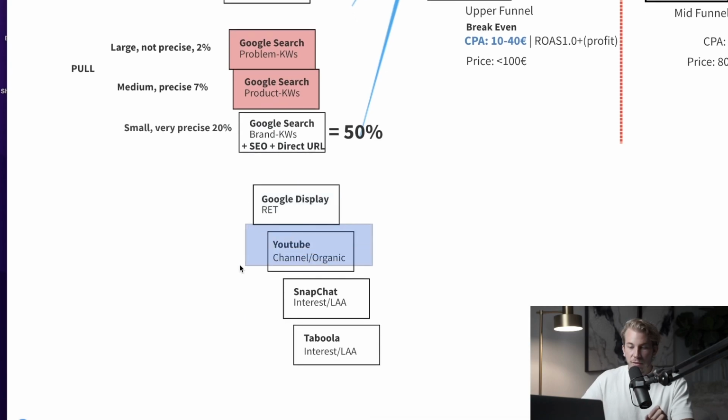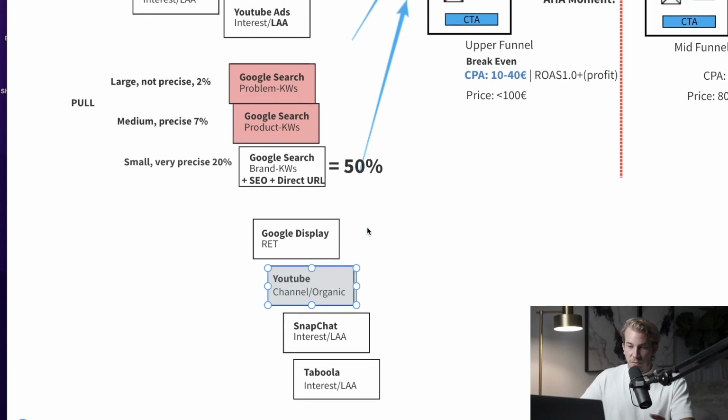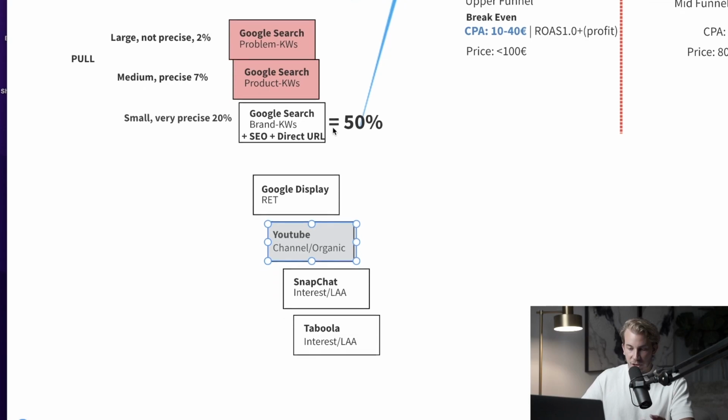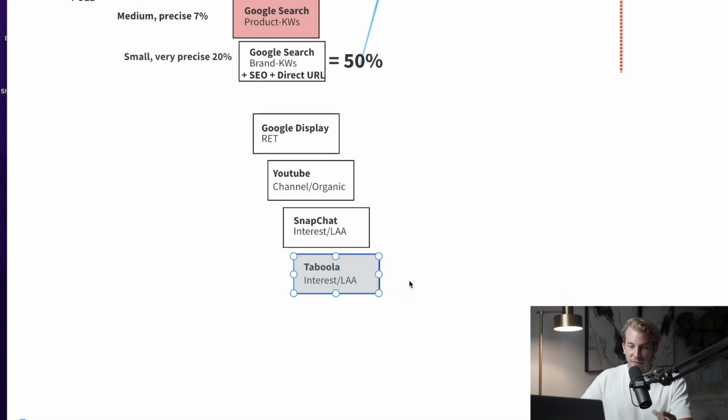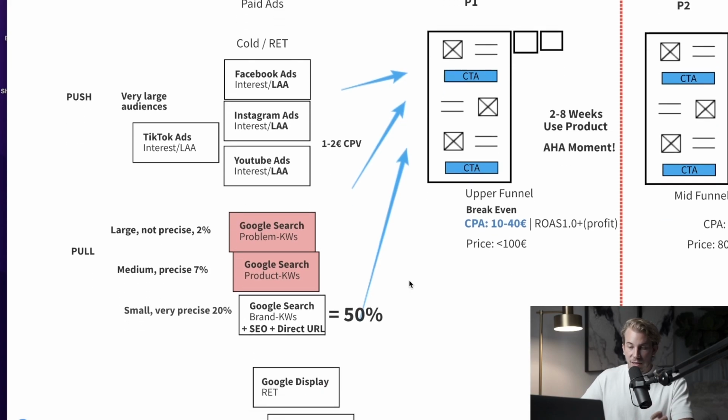If you run discovery YouTube video stuff for your channel, it will also be run from your Google Ads Manager. Snapchat has their own ad platform. Taboola has their own ad platform. And LinkedIn would also have their very own ad platform. Each ads manager gives you one unique pixel for tracking, for analyzing.